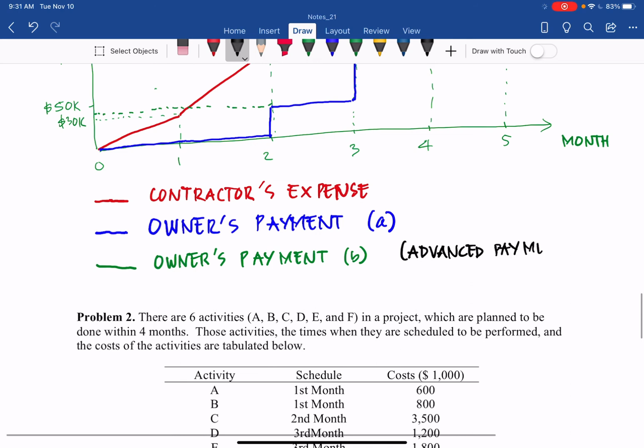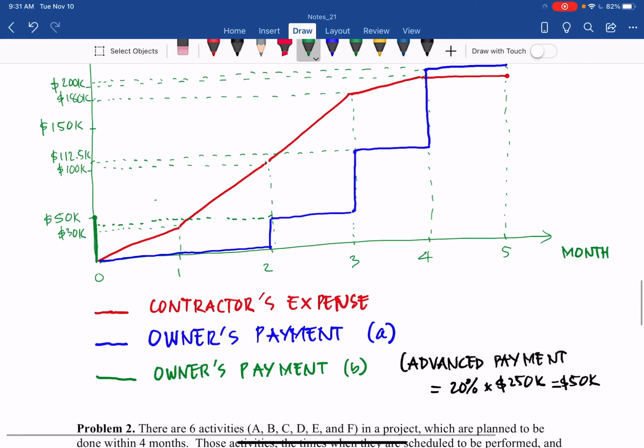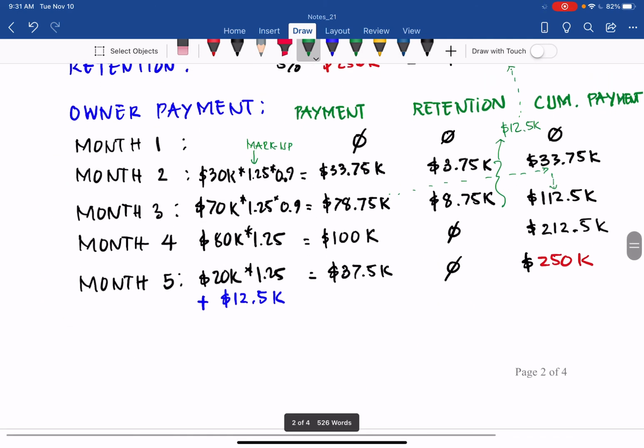Advance payment means that the owner pays before the project starts, so equal to 20% of 250, the contract value, so you get 50,000. So before the project starts, which is at time 0, it will jump immediately to 50,000, and then keep continuing to receive the amount as usual. So 50,000, and then the next payment 33,750.